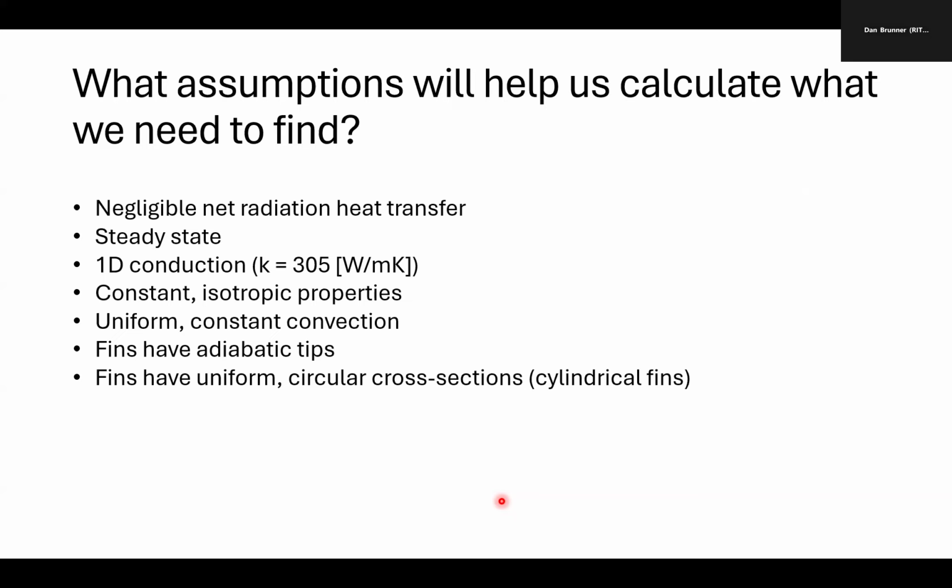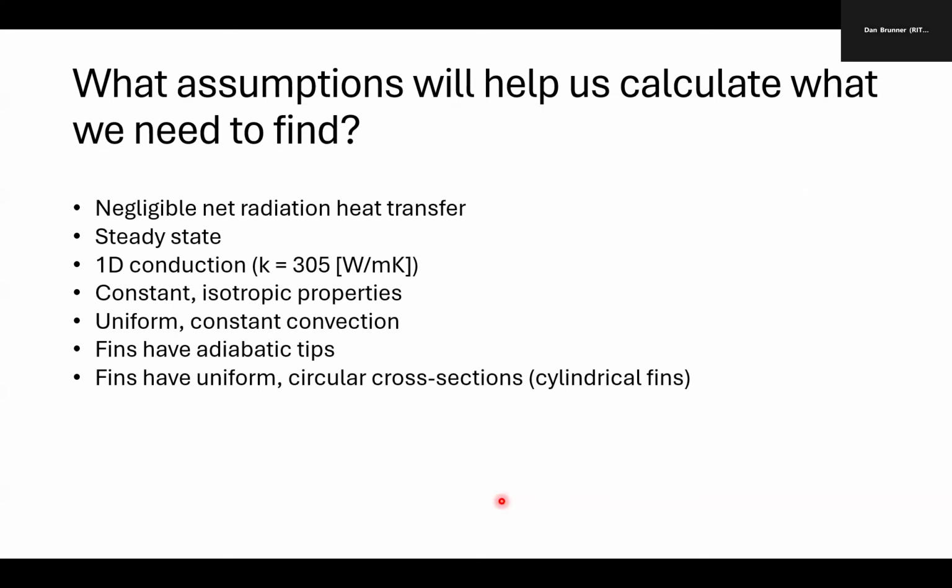And again, I'm assuming that the conductivity of the silicon carbide is 305 watts per meter Kelvin. We're going to assume that the silicon carbide has constant and isotropic properties, meaning that the thermal conductivity does not change over time, and it is the same regardless of which direction you go in.